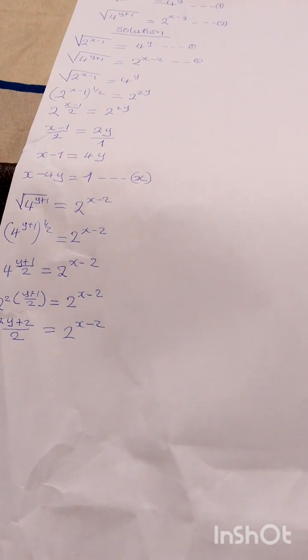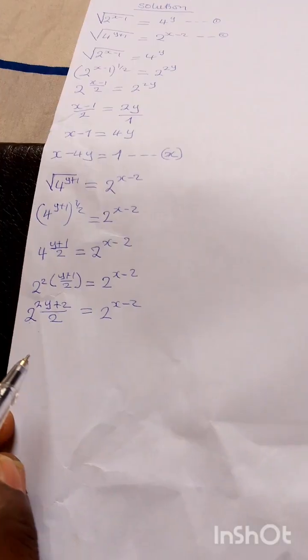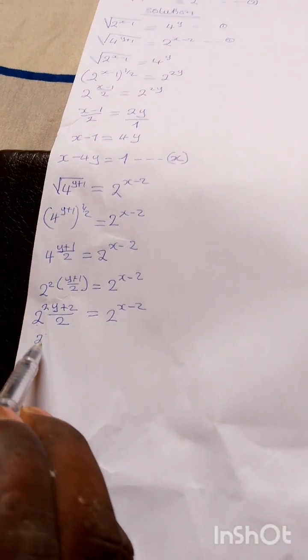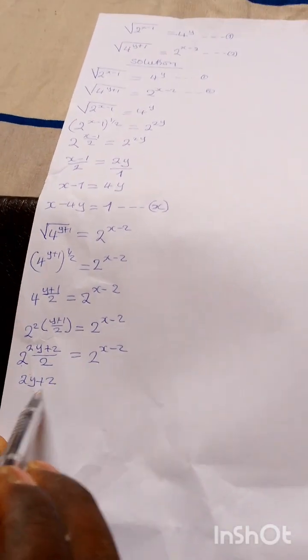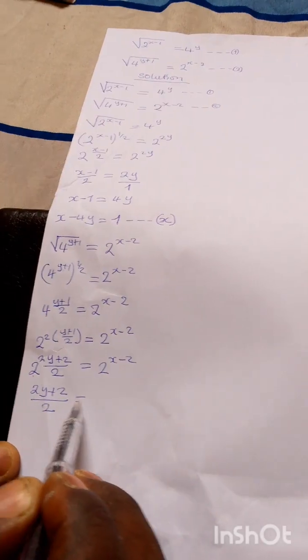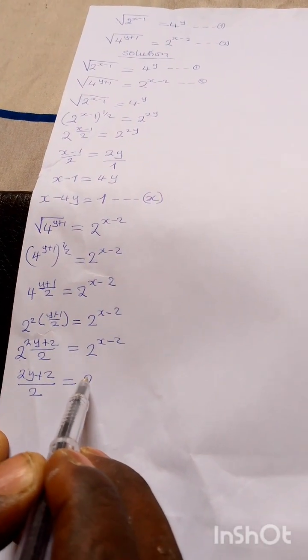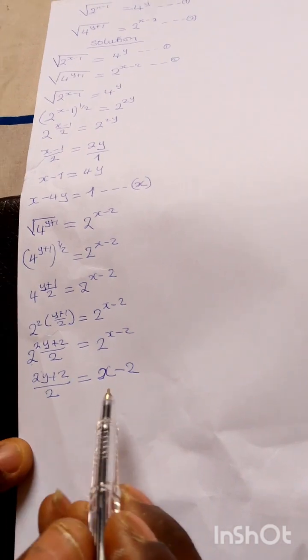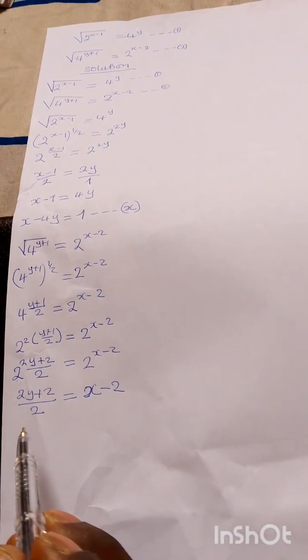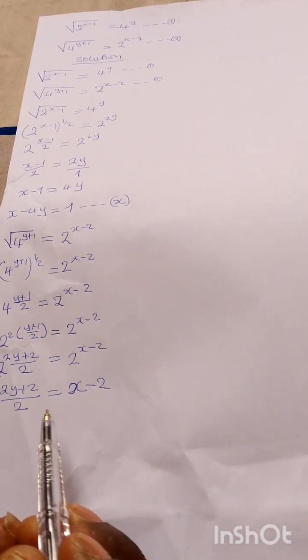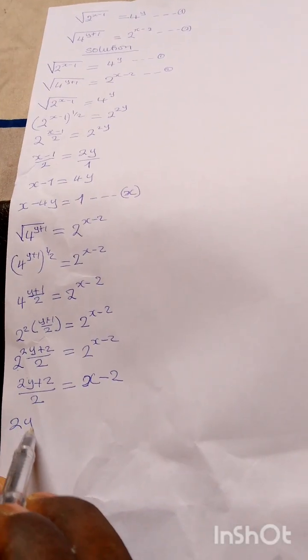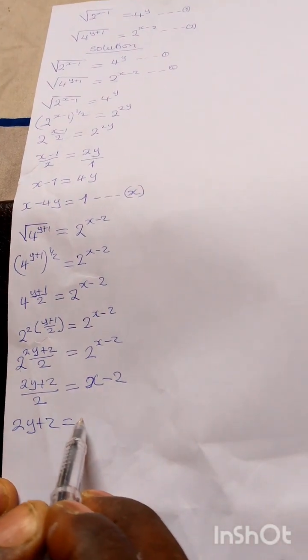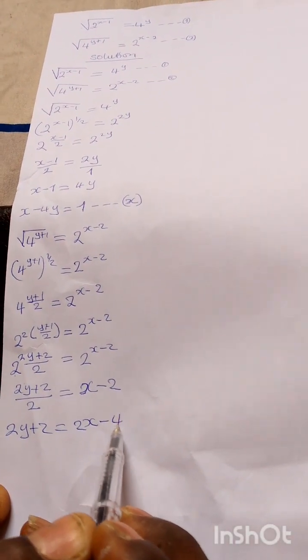Now we can equate the power since the bases are the same. So we can say 2y plus 2 all over 2 equals x minus 2. Now we can multiply 2 by 2 to clear out this denominator. We'll just cross multiply. So we have 2y plus 2 equals 2x minus 4.